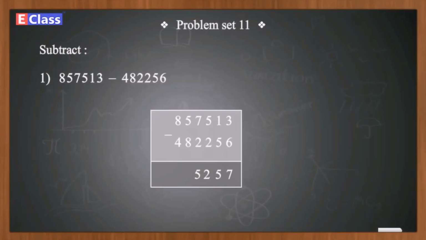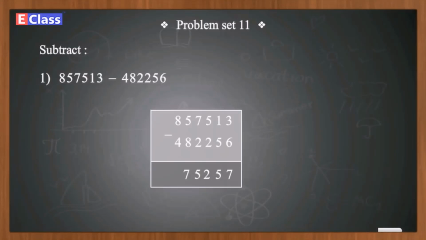Then, after untying the borrowed 1 lakh as 10 10,000s and adding it to 5 10,000s of the 10,000s place, we shall get 15 10,000s at the 10,000s place. And now we have to subtract 8 10,000s from 15 10,000s. Therefore, 8 10,000s subtracted from 15 10,000s, we get the remainder as 7 10,000s.